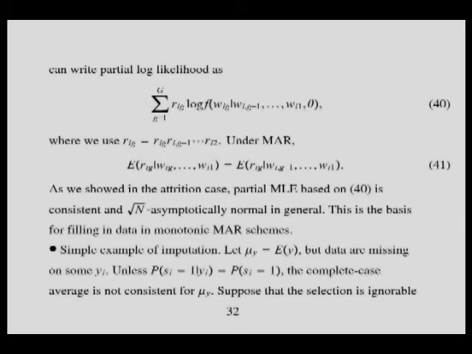So in other words, if you start with a variable W1 that's always observed, and then you can estimate the distribution of W2 conditional on W1, because the assumption is that the missing data are only a function of W1 values, then you can draw the missing observations on W2 from that conditional density.